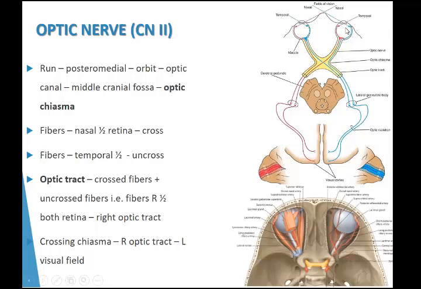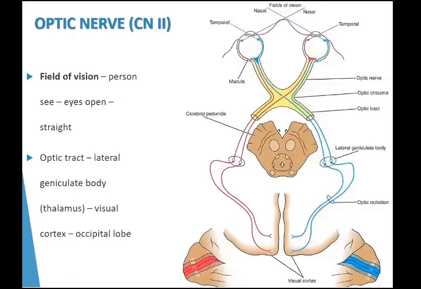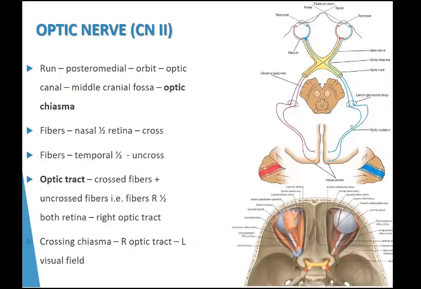ठीक है. So इस right optic tract में you have uncrossed fibers from the right eye and crossed fibers from the opposite here, left eye. ये देख लीजिए. ठीक है जी. सिमिलरली अगर हम इस साइड पे आ जाएं, तो वी हैव uncrossed fibers from the same eye, जबकि इस opposite eye से crossed fibers आ रहे हैं.